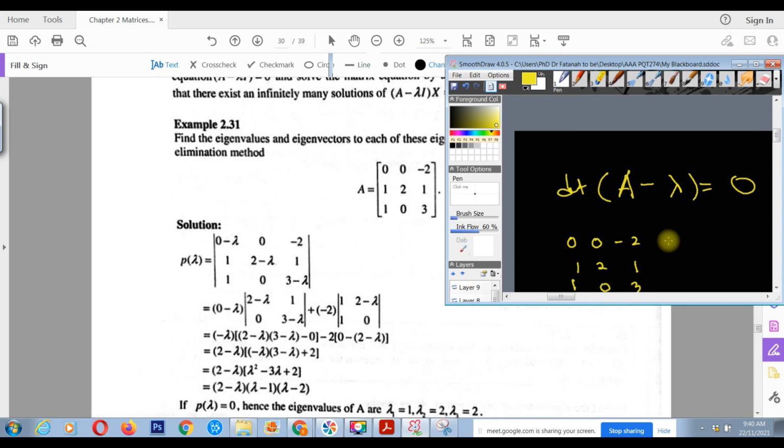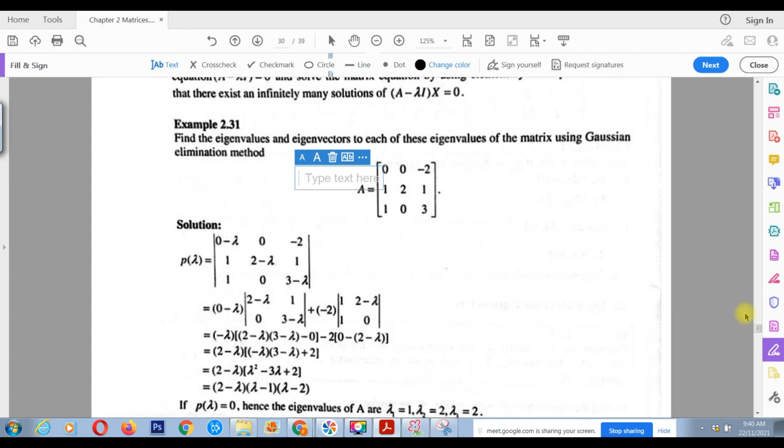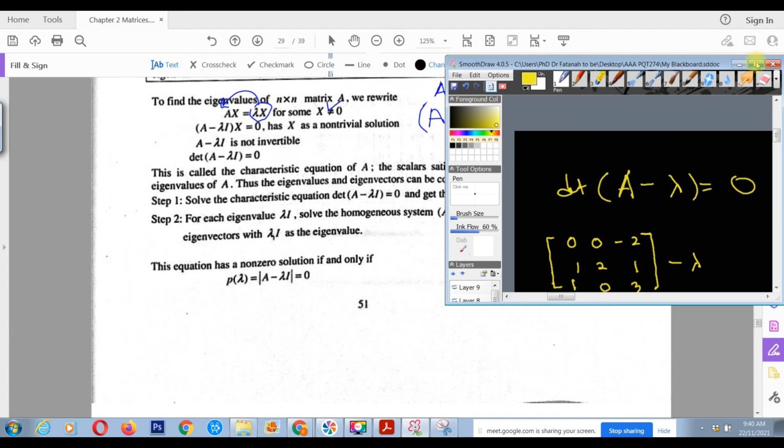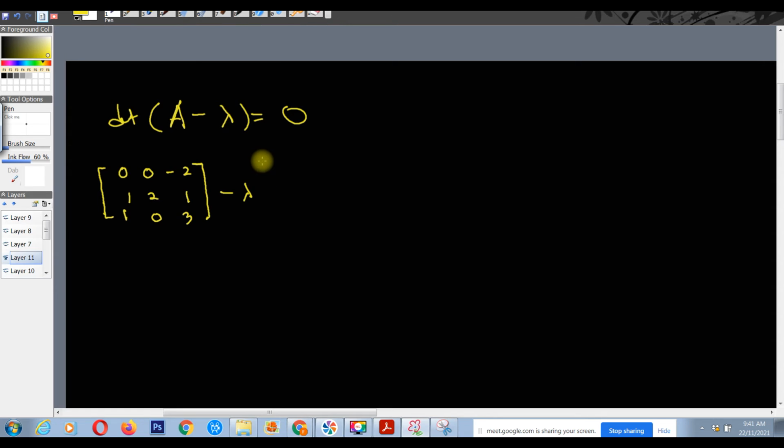And then minus lambda. Here we put lambda I, the identity.